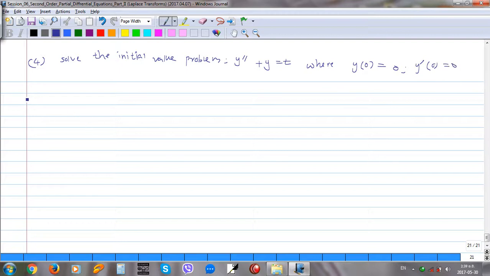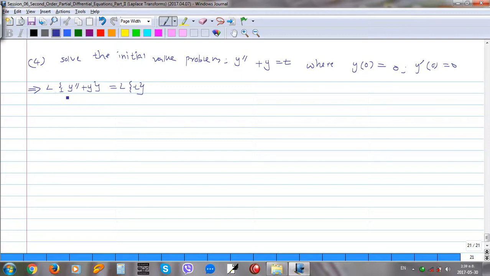And so I am going to apply Laplace transformation to the equation. What is the equation? y double dash plus y equals t, and on this side the Laplace transformation of t.